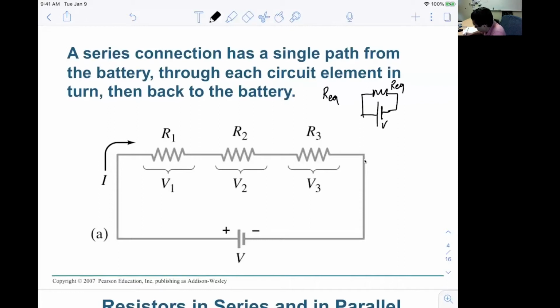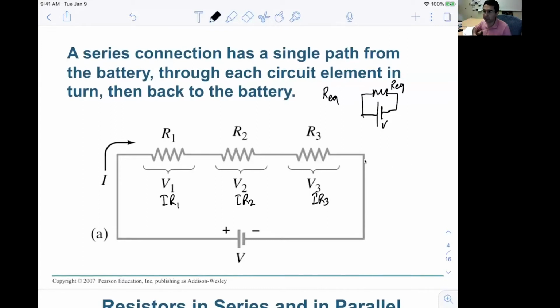So the potential V1 is going to be I R1. V2 is I R2.